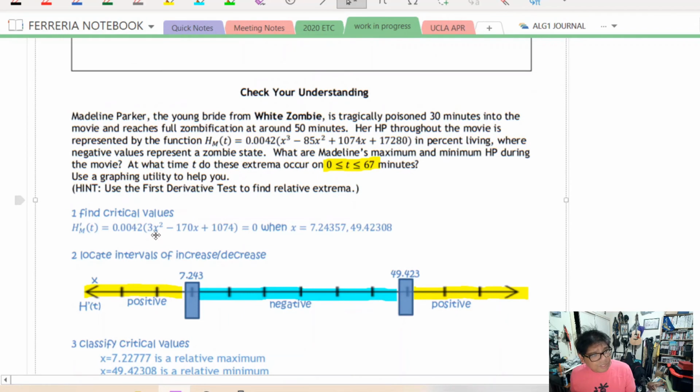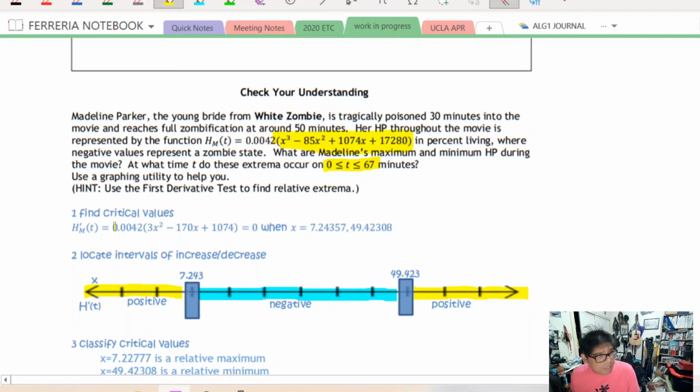So the first one is to find the critical values. The critical values happen when the derivative equals zero, so first we find the derivative. One good tip: if you are taking the derivative and you have a constant that has not been distributed, don't bother distributing it.